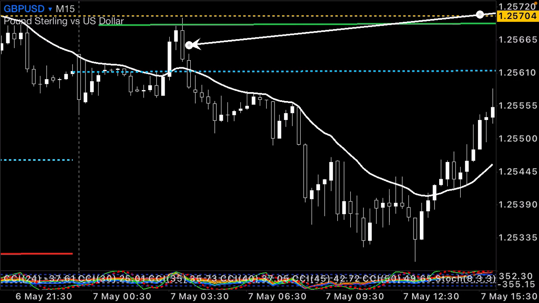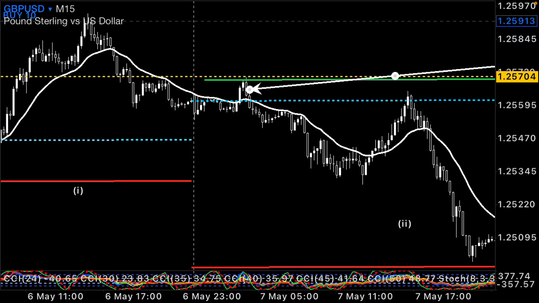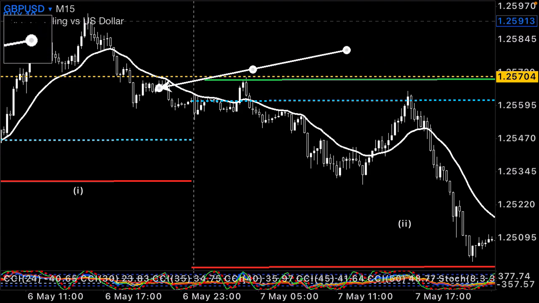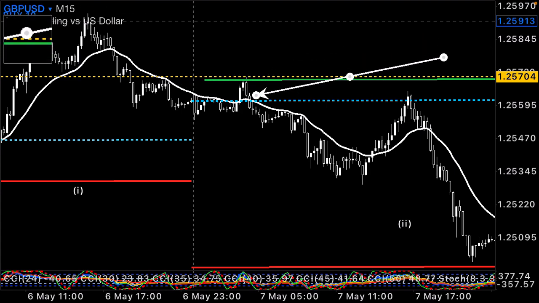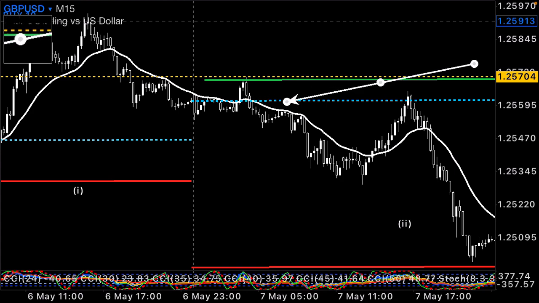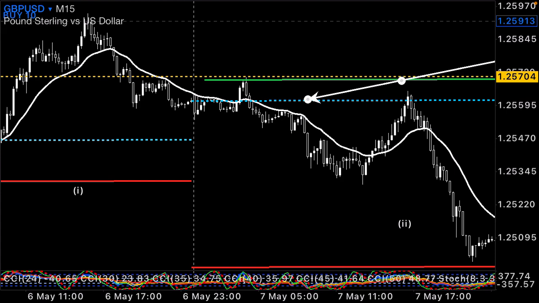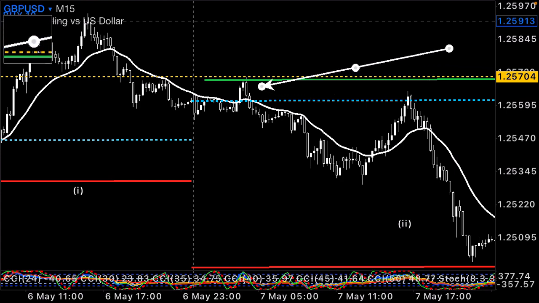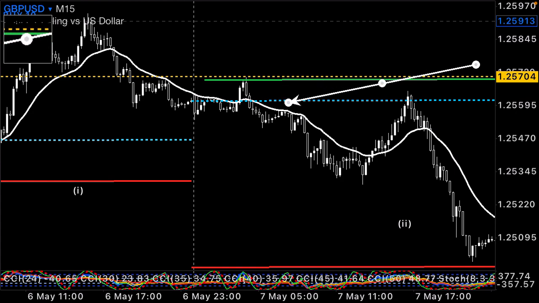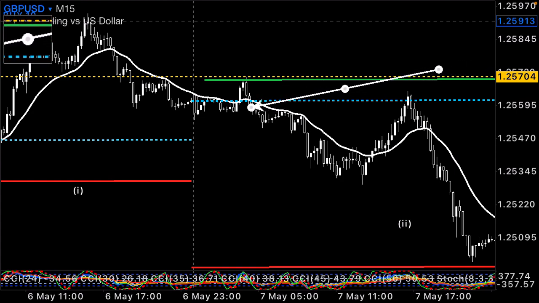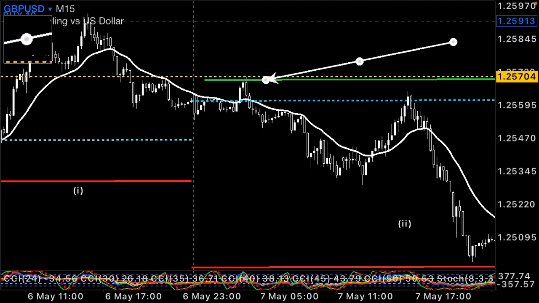Day two. Put in a high above the closing price, previous day's closing price, the light blue dotted line. So that's called the first green day, because it put in a high above closing price, using the green line as the high.